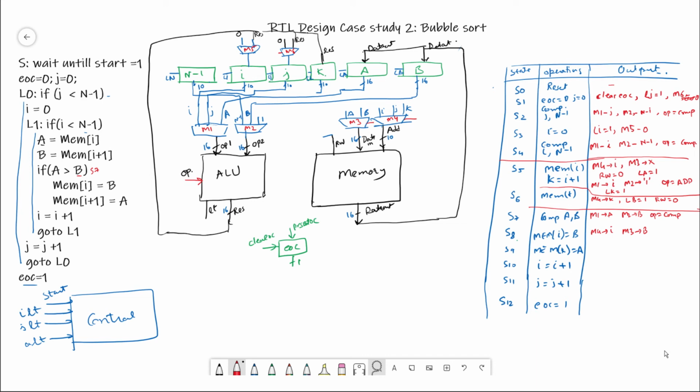Similarly for the S9 state, M4 would be selecting K, and M3 would be selecting A.